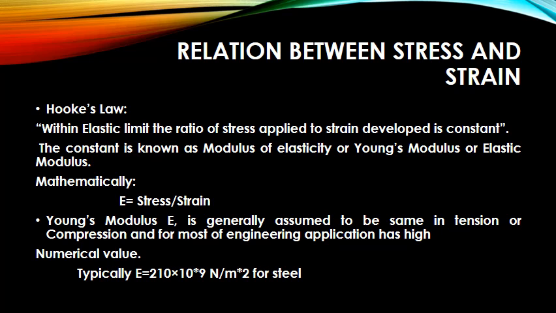After that, there is the last concept regarding strain and stress: Hooke's law and Young's modulus. Within the elastic limit, the ratio of the stress applied to the strain developed is a constant, and the constant is known as the modulus of elasticity, or Young's modulus, or elastic modulus, and that is known as E. E is equal to stress upon strain, and that whole concept is known as Hooke's law.